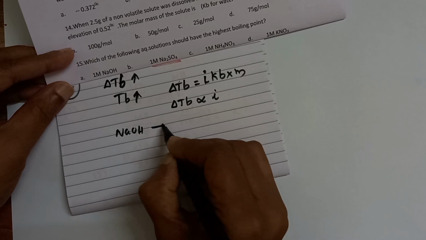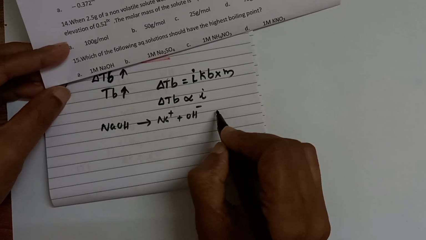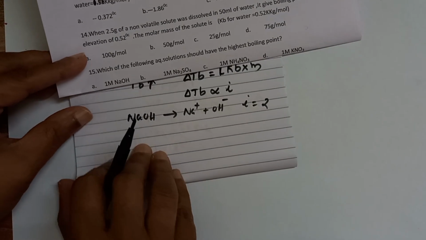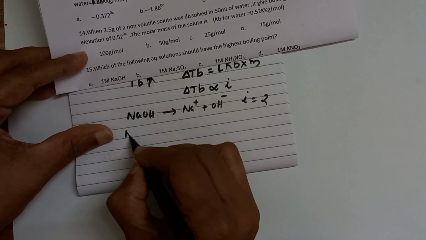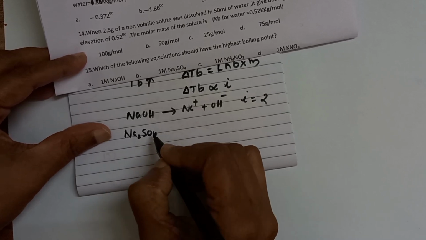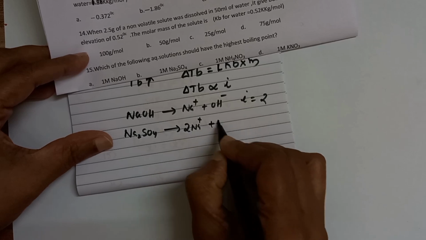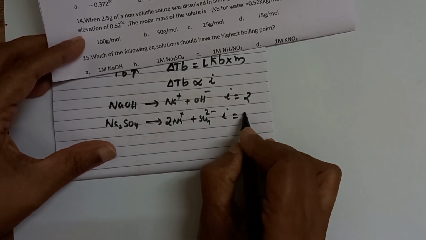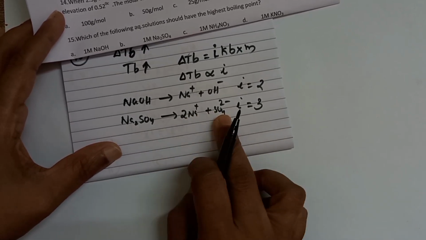NaOH on dissociation gives Na+ plus OH-, so the i factor is equal to 2. In the case of Na2SO4, it is 2Na+ plus SO4 2-, so the i factor will be 3. Three ions are formed here.